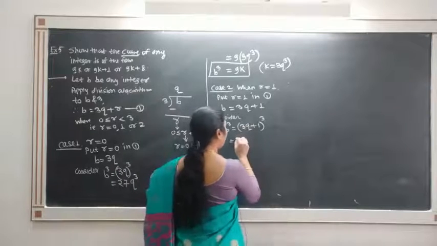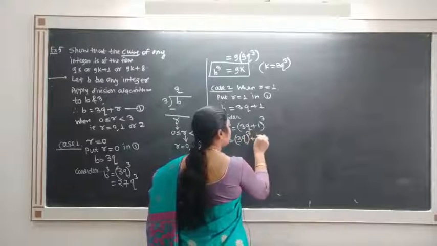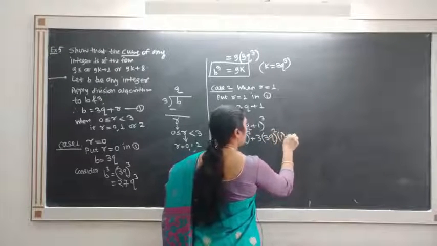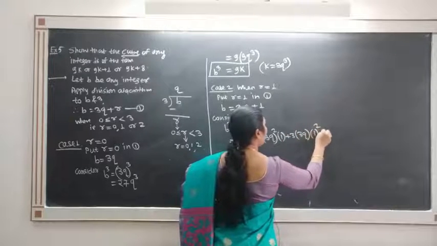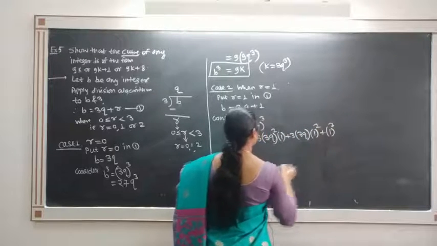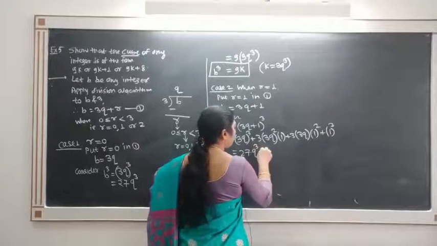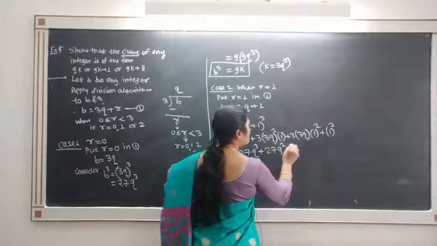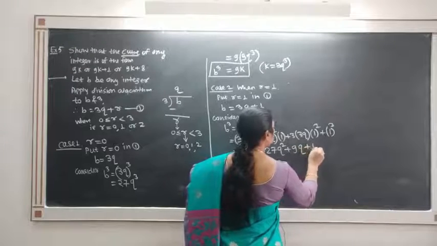So it is nothing but 3q cube plus 3 into 3q square into 1 plus 3 into 3q into 1 square plus 1 cube. So it is nothing but 27q cube plus 27q square plus 9q plus 1.